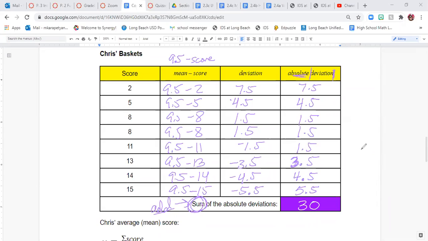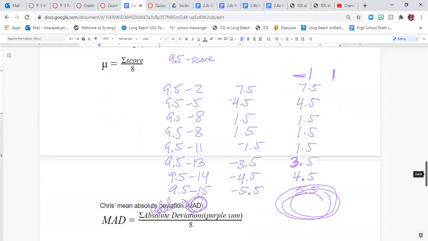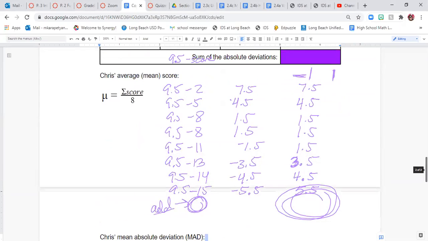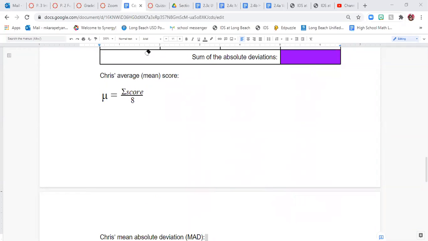Now that you have your total, your sum, make sure you take it down to your table. This average mean score here is just to help you connect how we're finding the mean of the absolute deviations.